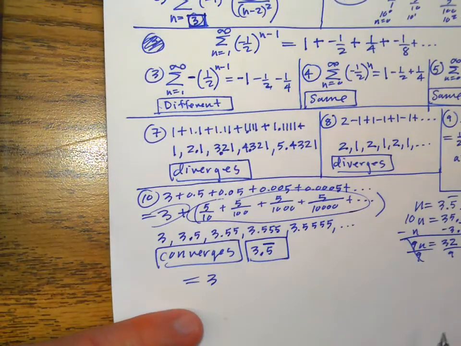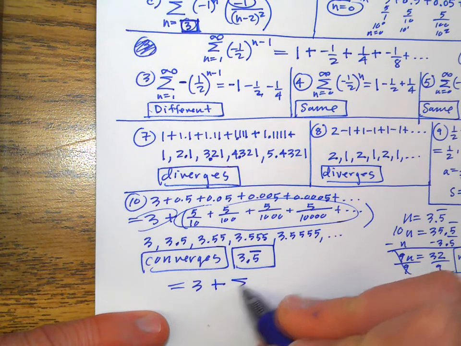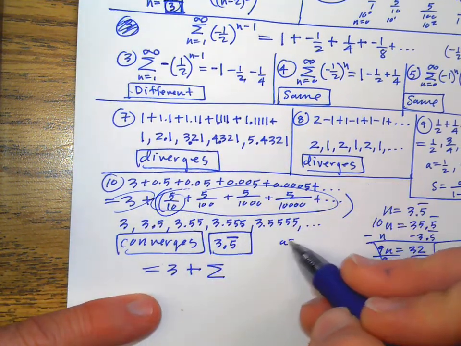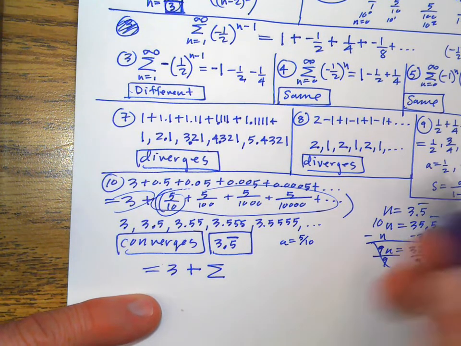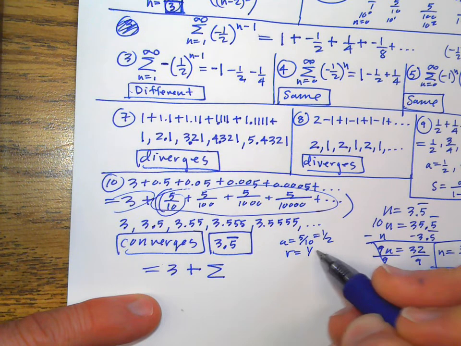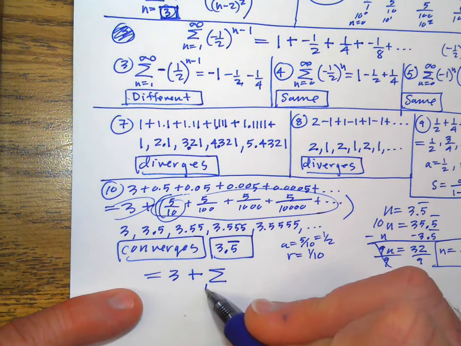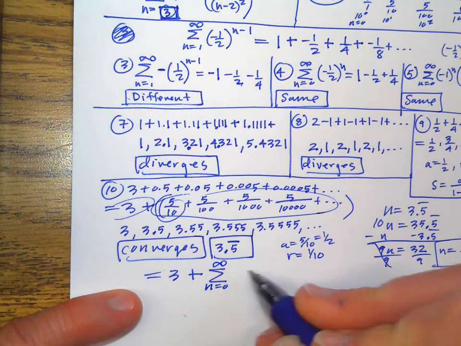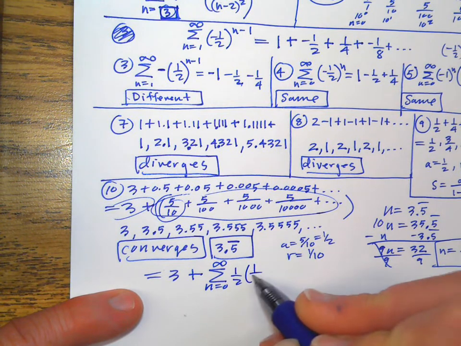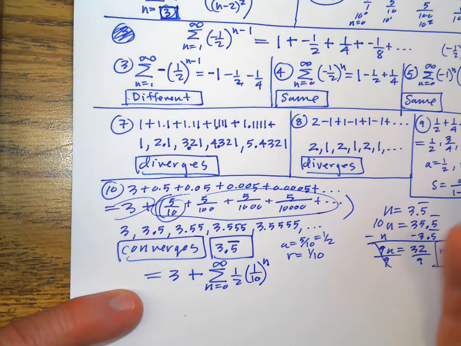This one would be 3 plus the closed form. Here, if you look, this is your first term, a equals 5/10, which is 1/2, and r equals 1/10. We're multiplying each term by 1/10 to get the next one. So we could say the sum from n equals 0 to infinity: the first term is 1/2, then you multiply by 1/10 to the n power.